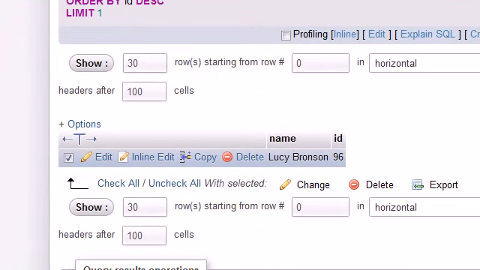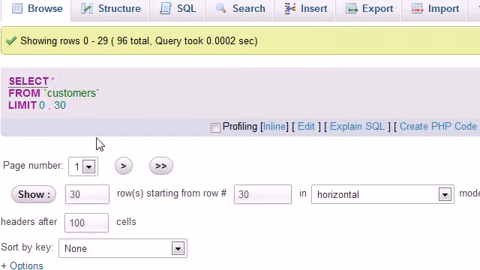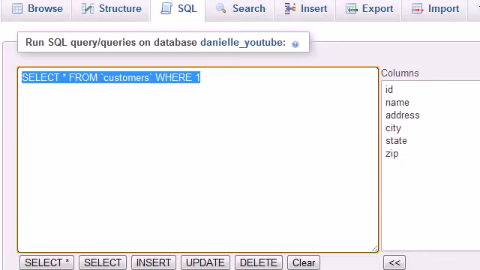Now let me just go ahead and show you guys one more example. Say we wanted the person with the lowest name. We would go ahead and select name from customers, limit 1.